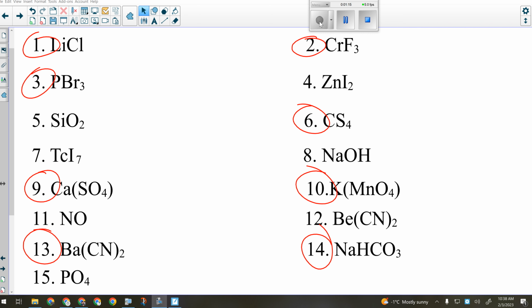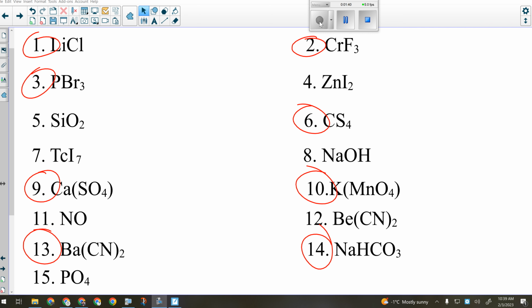Okay, let's look at just the first couple here so we can run through the steps we would use. First thing I want to do is identify whether this is ionic or molecular, because obviously the naming rules are different. Number 1, I've got lithium and chlorine. Is it ionic or molecular? It's ionic. Lithium is a metal, and ionic compounds have a metal and a nonmetal. That fits.